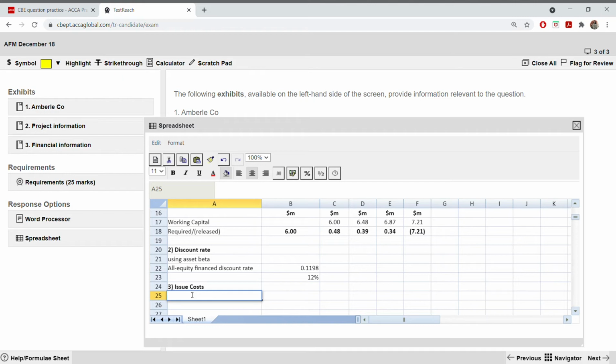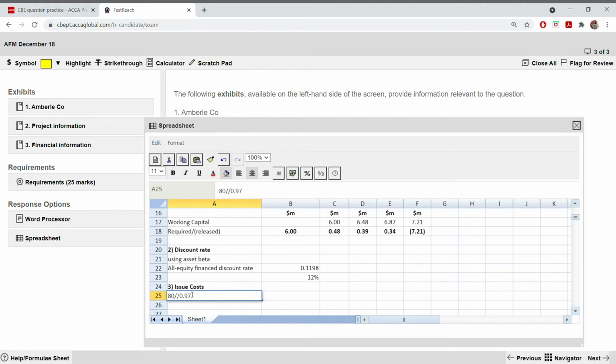So issue cost will be 80 million divided by 0.97, and keep it like this.